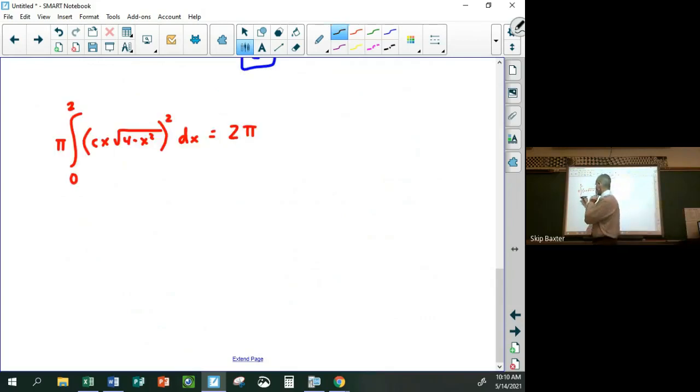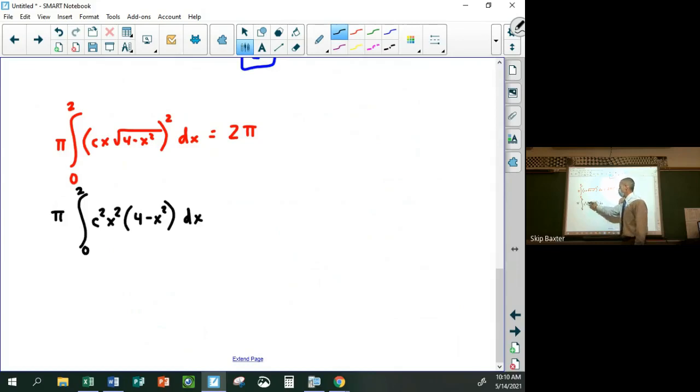So this actually works out pretty nicely. It looks like you have pi integral from 0 to 2. If you square this, you get c squared x squared times 4 minus x squared, which you could just distribute and make a polynomial. This would be the integral of 4c squared x squared minus c squared x to the 4th.